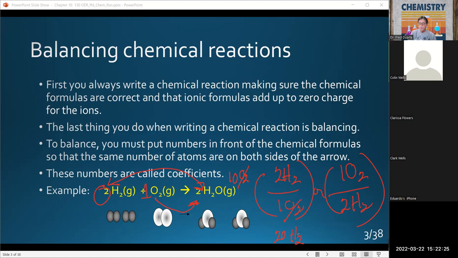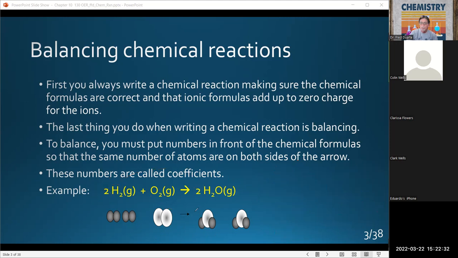Okay. All right. So keep that in mind, and why it's important, because you could be asked, all right, I need to make 100 grams of water in this reaction. How many grams of hydrogen do I need? You see? That could be the question.